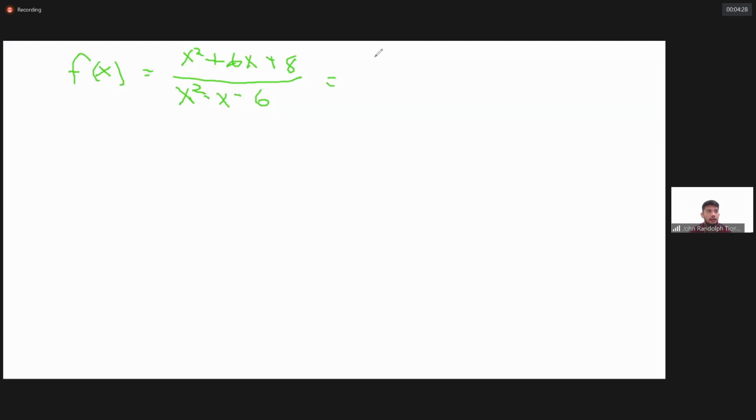The factors of x squared plus 6x plus 8: you have x, the first term, and then the last term, what are the factors of your last term that will sum up to 6? Factors of 8 are 8 and 1, and 2 and 4. So you choose 4 and 2. Since it's positive and the middle term is positive also, you will use plus 4 and plus 2.